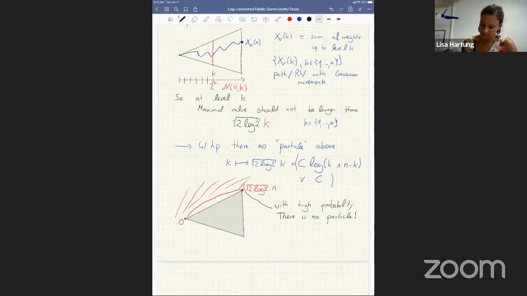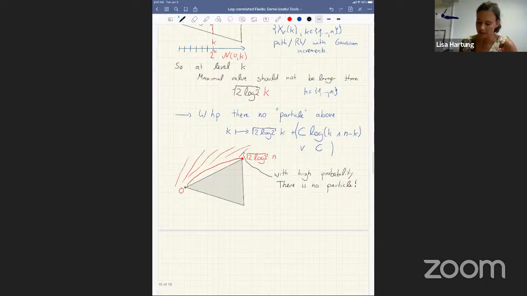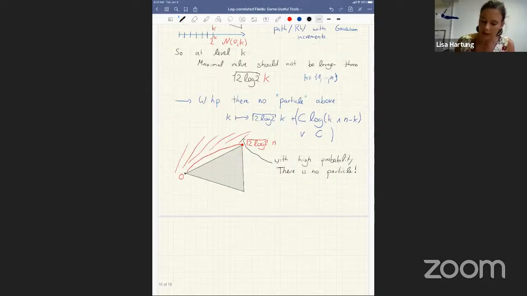And for convenience, you might just pretend that this region is just really everything above this point. But this tells us something.